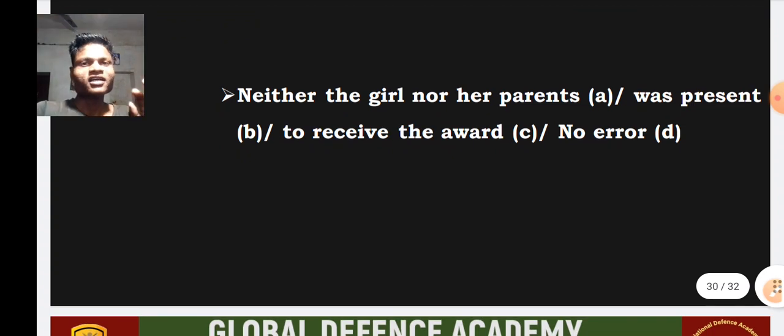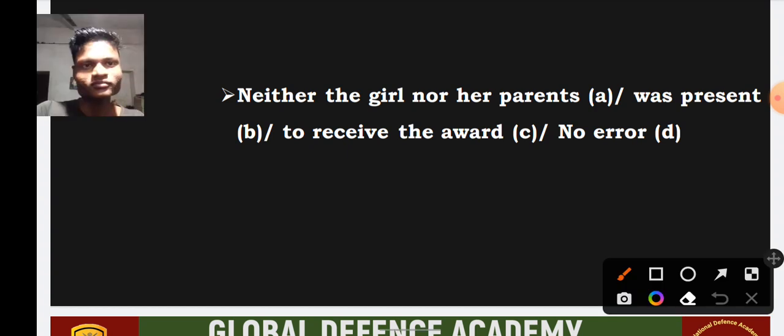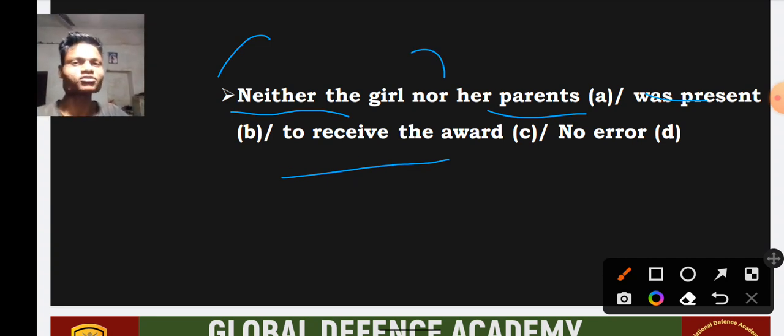Sorry, another slide and another important question: neither the girl nor her parents was present to receive the award. According to the rule, when two subjects are connected with neither nor, the verb is used according to the second, nearer subject.